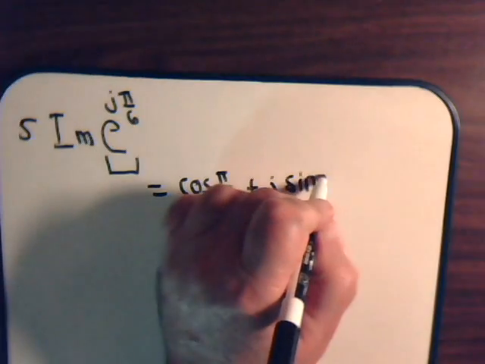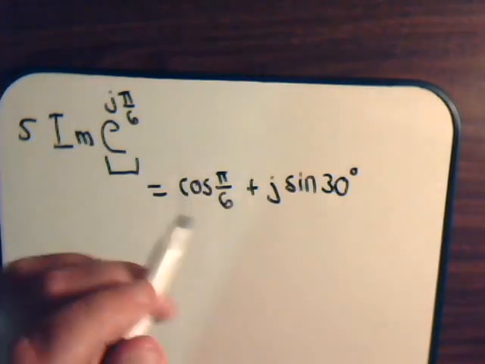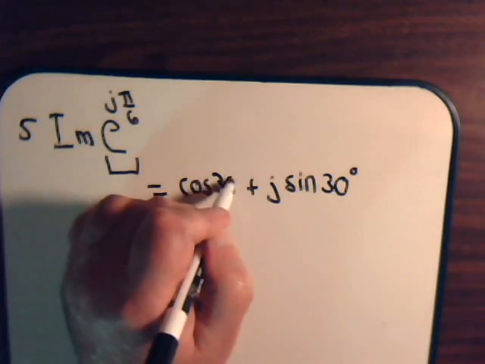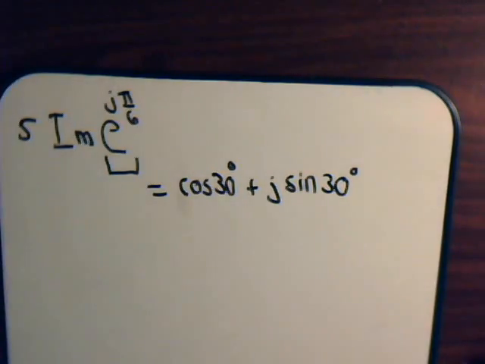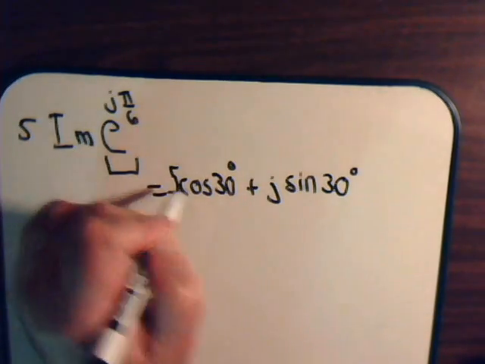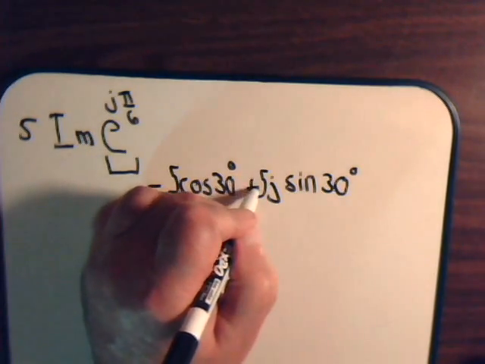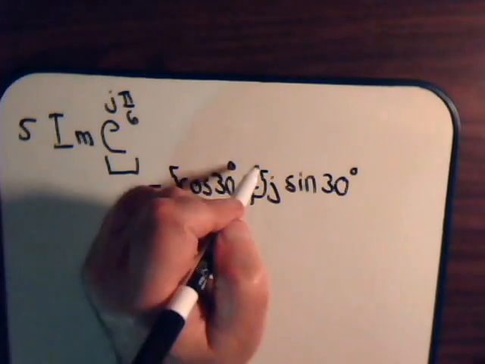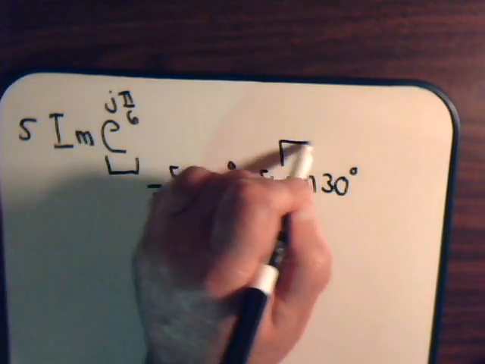So we can say 30 degrees, 30 degrees, and then this is multiplied by 5, so we have a 5 here and a 5 here. Then you want to consider just the imaginary part. Of course, that's this.